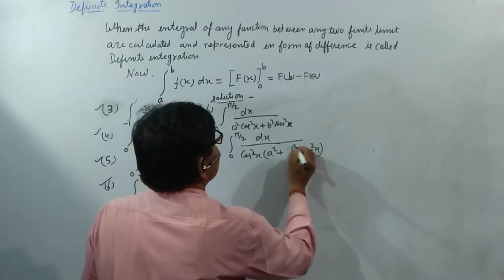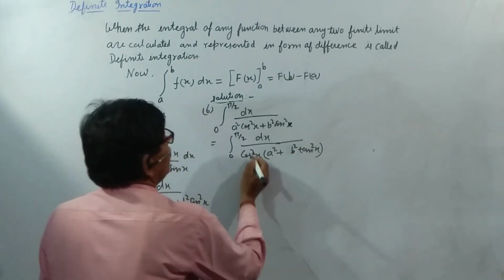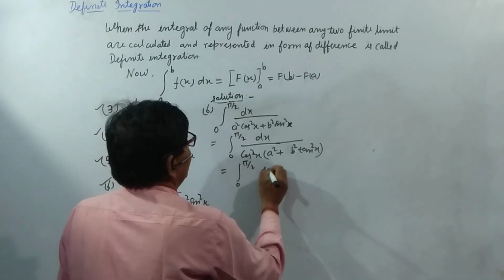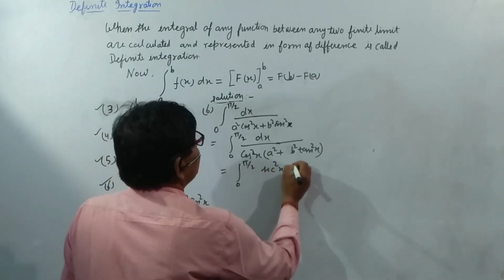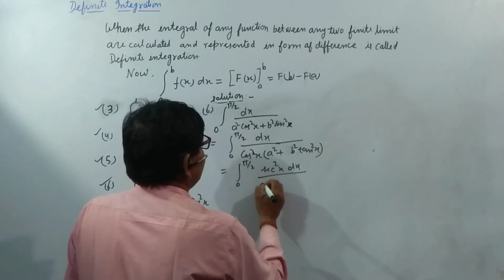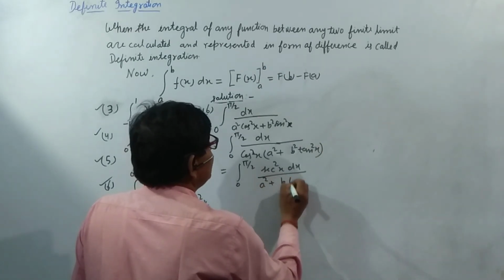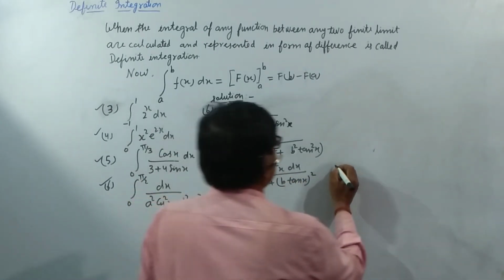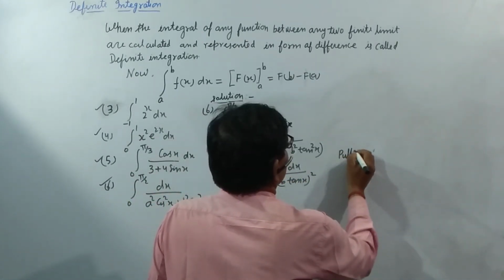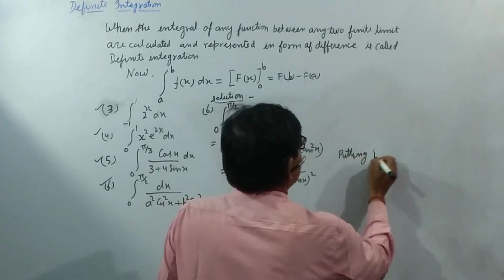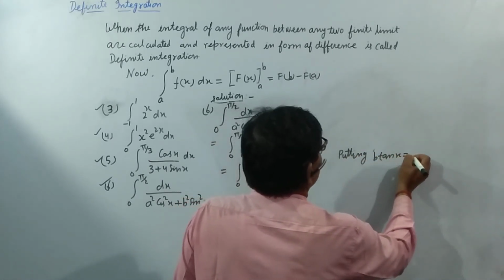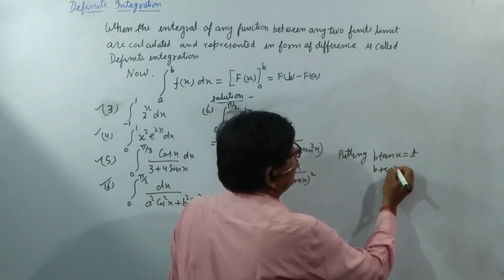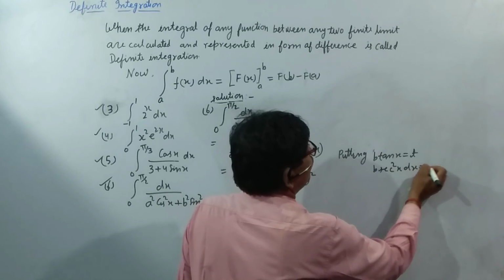Now this can be written as the integral from 0 to pi by 2 of sec square x dx divided by a square plus (b tan x) squared. Now putting b tan x equal to t, so that b sec square x dx equal to dt.